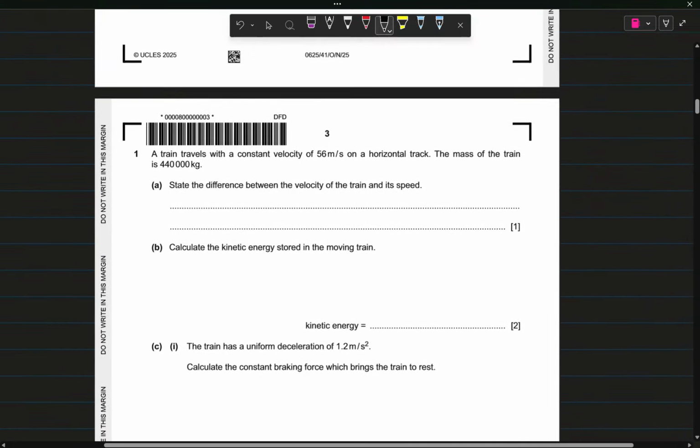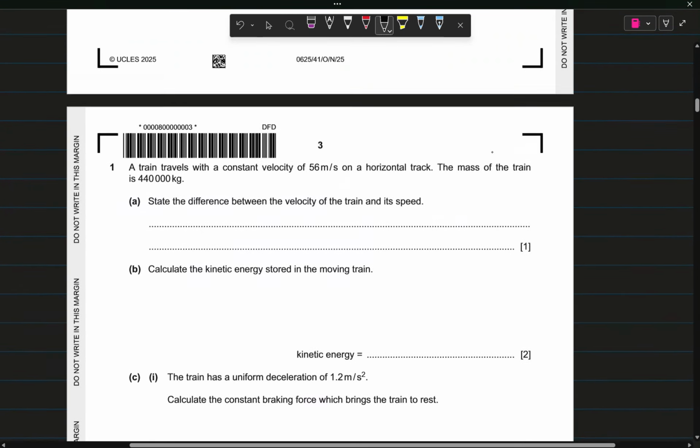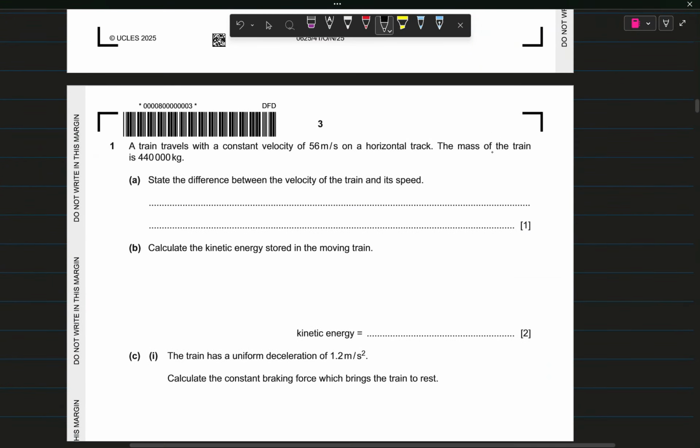Okay. Now, initially, you would see that they are kind of the same thing, which they are. Magnitude-wise, they are the same. They both carry a magnitude. However, what's different is that velocity, after all, is a vector quantity, which means that it also carries a direction.